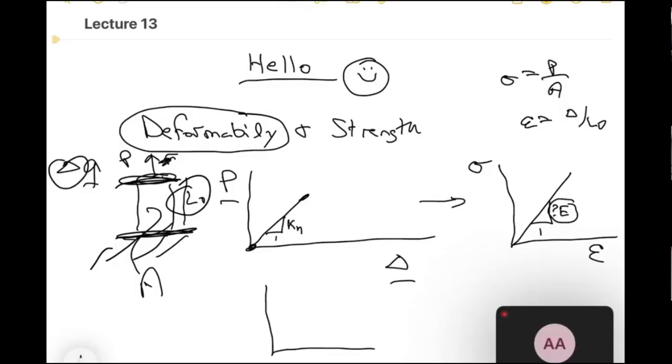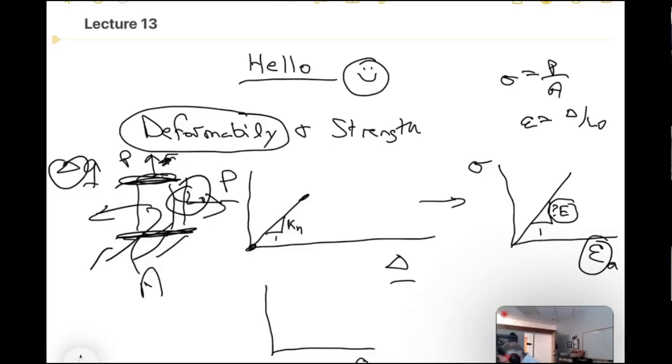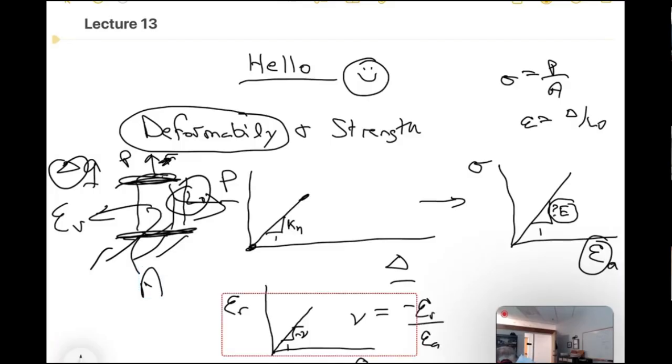Correct. So in this same test, if we plot, and we're going to call it A now for axial strain, and this radial strain, then radial strain versus axial strain is going to go up, and it's also going to be linear. And this is going to be minus Poisson ratio, because Poisson ratio is minus the radial strain over the axial strain.